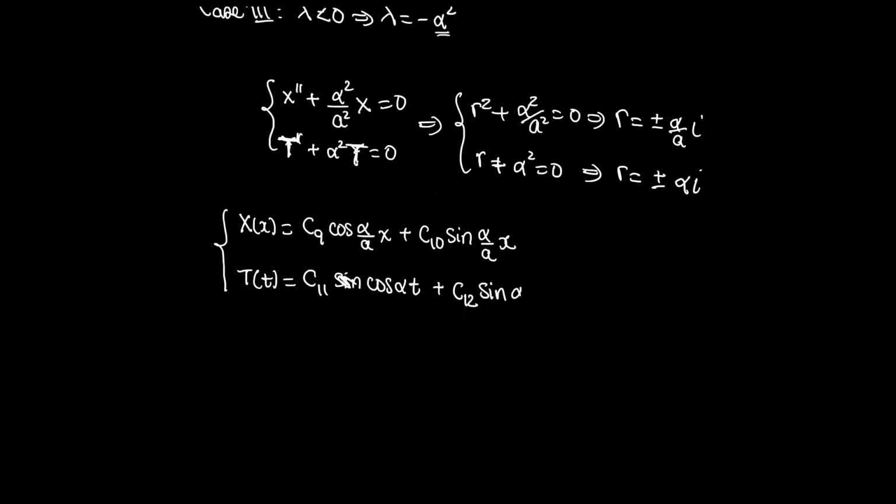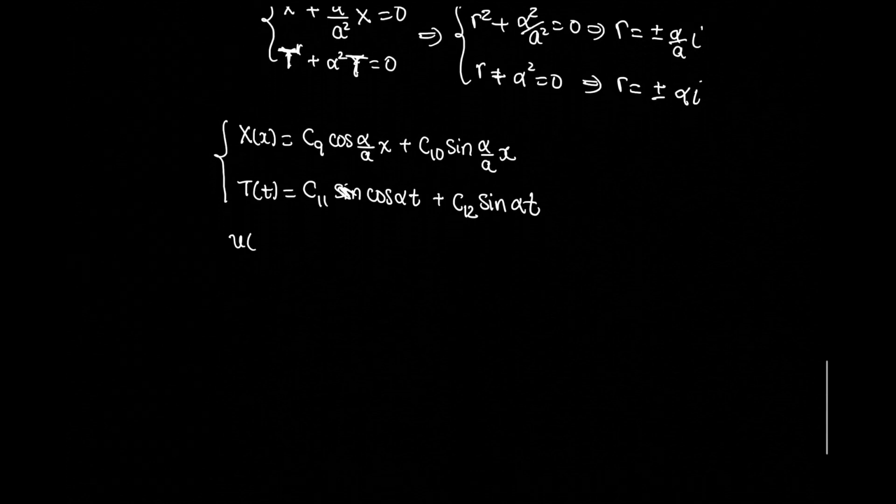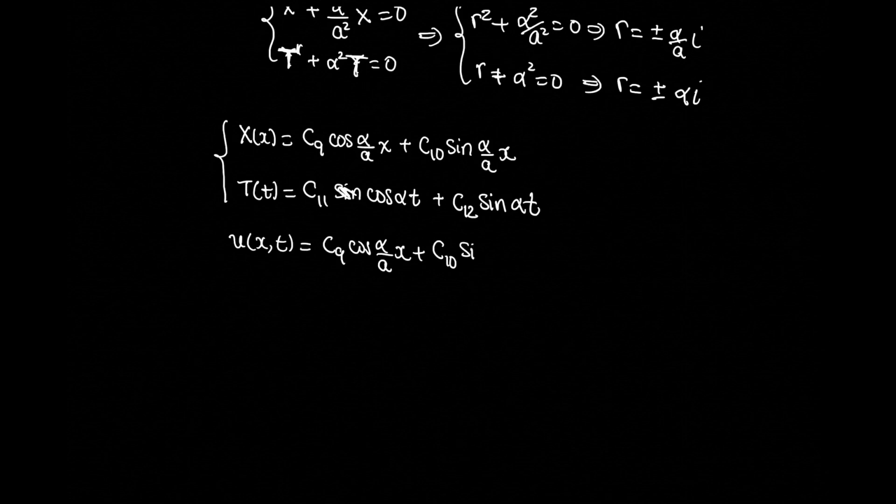Then your solution u is the product, x times t, so C9 cos of alpha x over a plus C10 sin of alpha x over a, times C11 cos alpha t plus C12 sin alpha t.